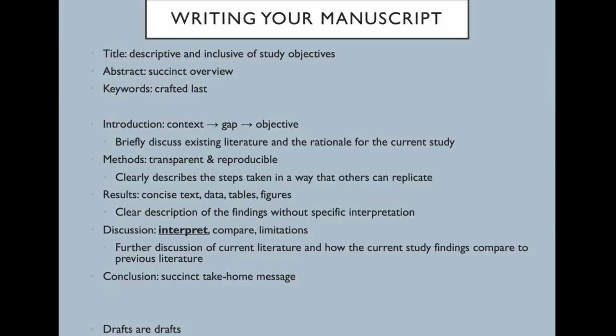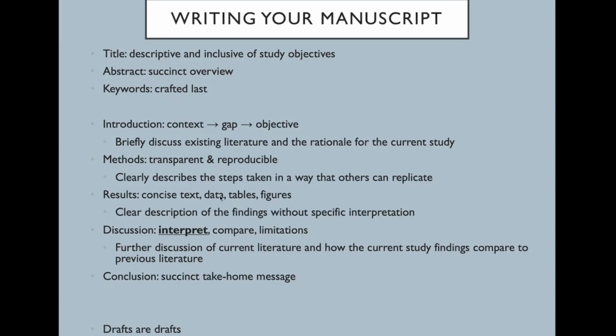The methods of every study should be transparent and reproducible, whether that's for a case series, synthesizing literature for a narrative review, or the steps you took for a systematic review. That clearly describes the steps taken so that other people can replicate the study and validate it.